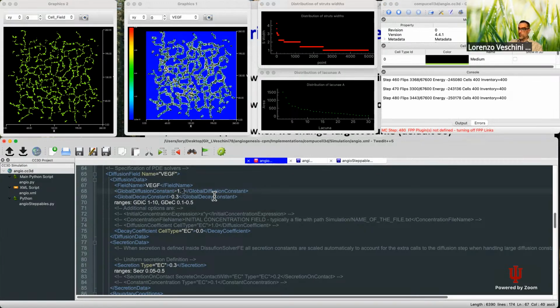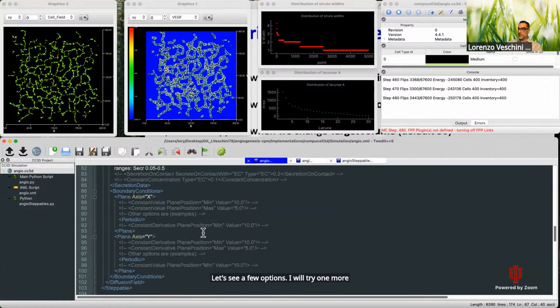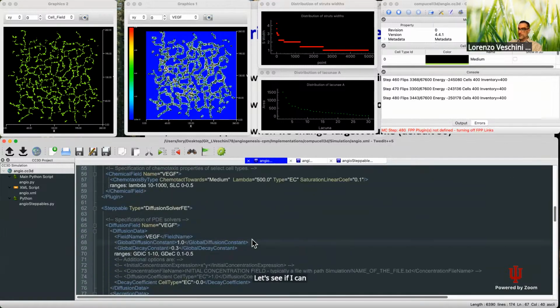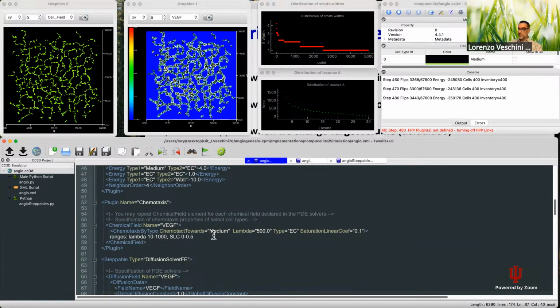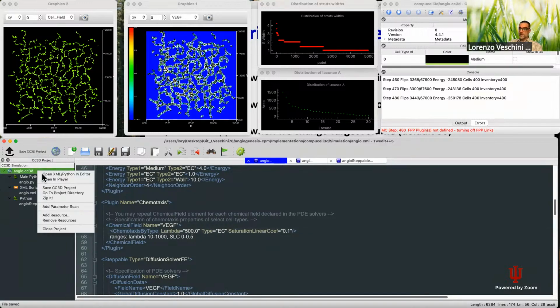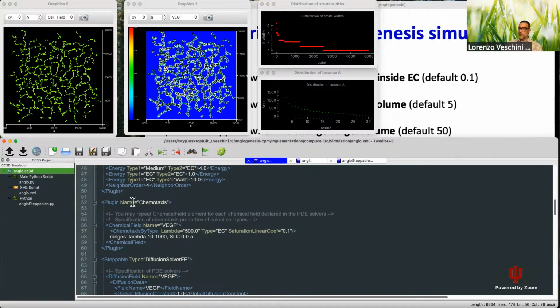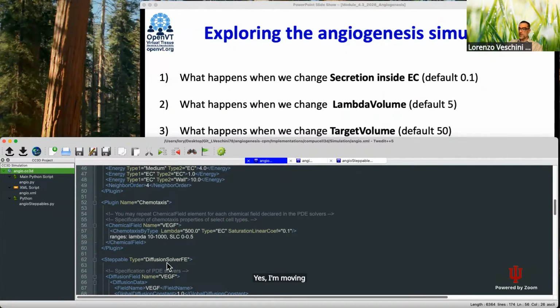Let's see a few options. I will try one more. I will do one of the things that were suggested. So I'm removing the chemotaxis-towards-medium.